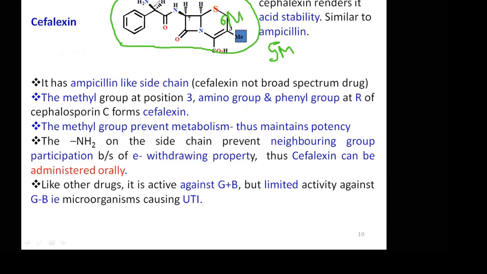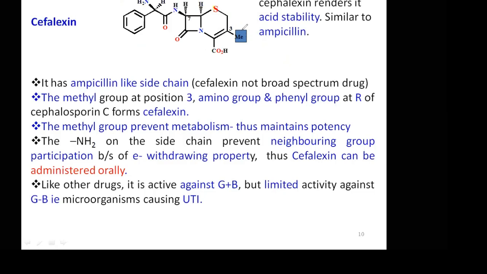So you see, they brought the concept from ampicillin. They thought that if you include the ampicillin principle here, it could result in a good drug. Now see what changes they made.